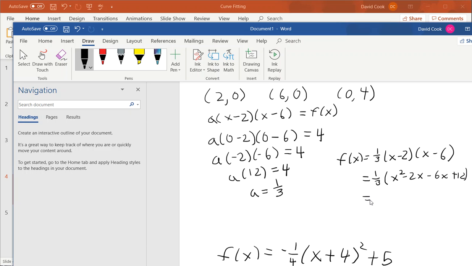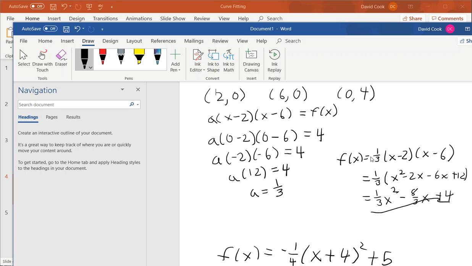So finally, we get 1/3 x squared, and then negative 2 and negative 6 make negative 8, so negative 8/3 x plus 4. I just multiplied 1/3 through everything here and combined 2x and 6x to get 8x. So this is the final answer.